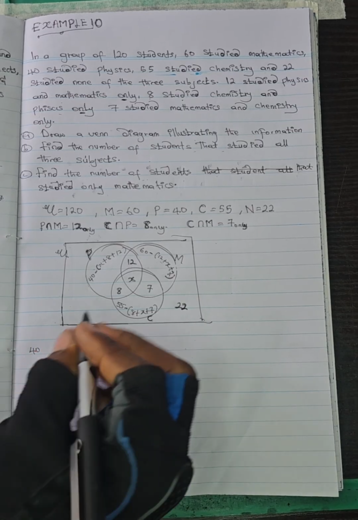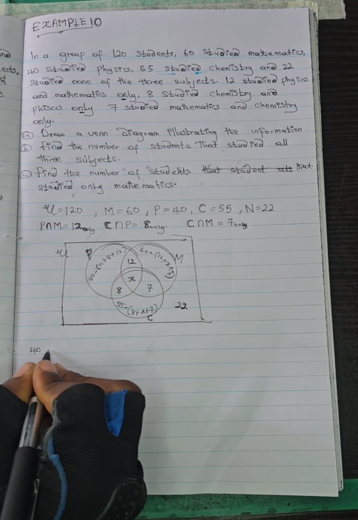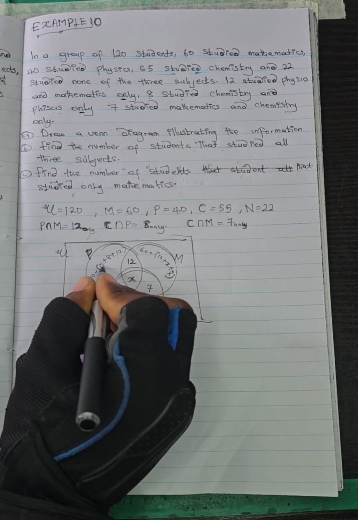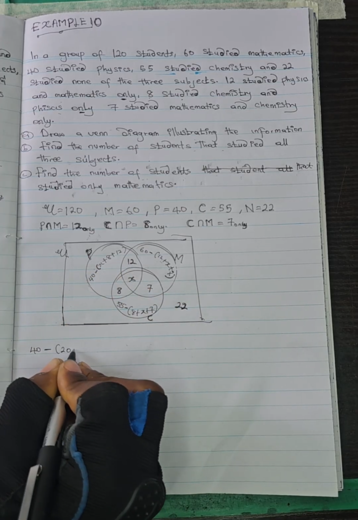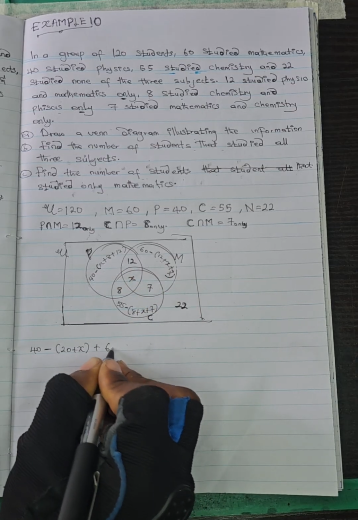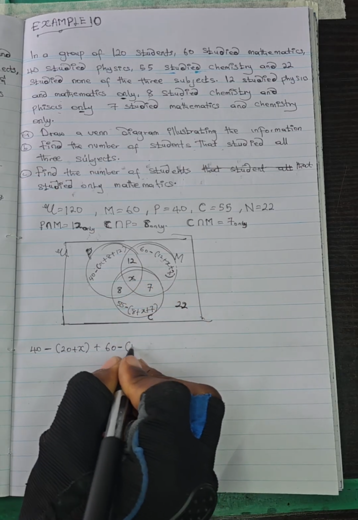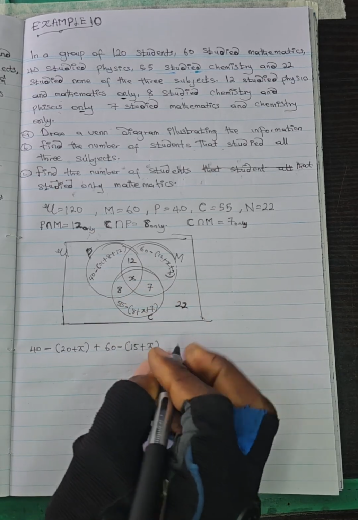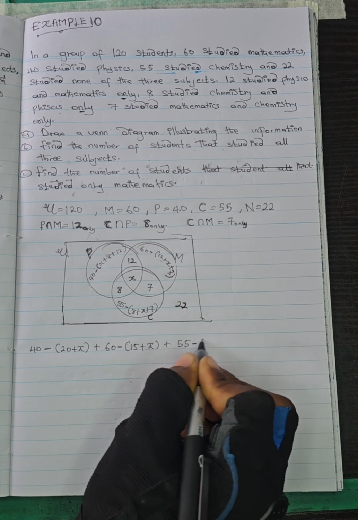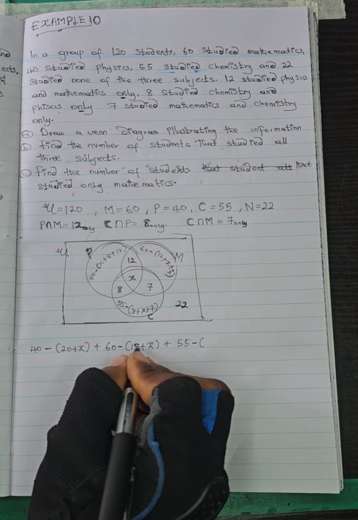So let's start. We have this, which is 40 minus 8 plus 12 is 20 plus X. So I have 20 plus X plus this plus 60 minus 7 plus 12 is 15 plus X. I have 15 plus X plus this 55 minus, sorry, 12 plus 7 is 19, not 15.